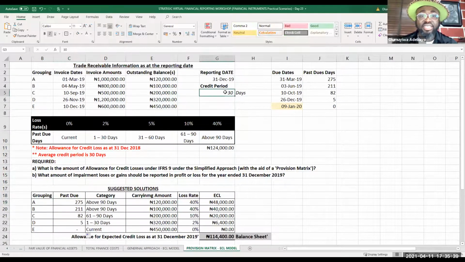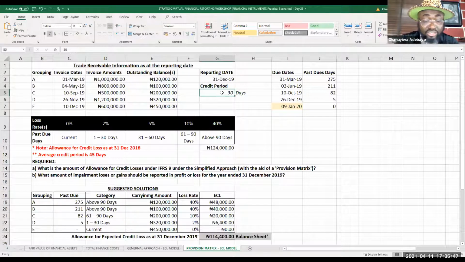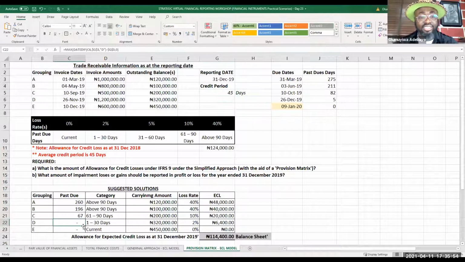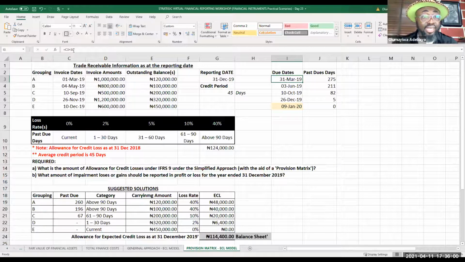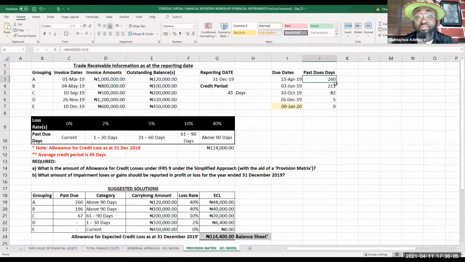Okay, now, if we change these average days to 45, what will be the effect? The effect is that once I change this to 45, you can see that it gives me 260, 169. Now, D is no longer past due because it still has a grace period. Like if I come here and change this to 45, we'll get the same thing.